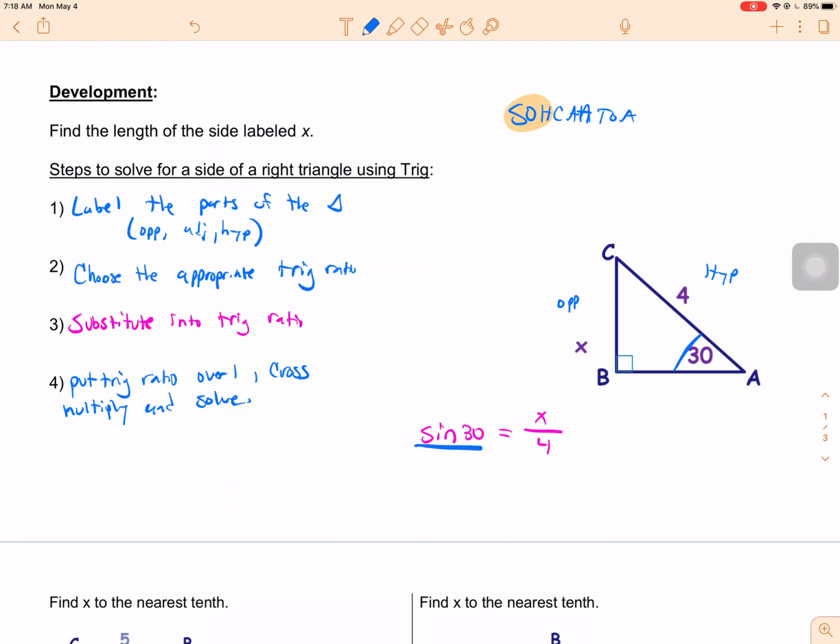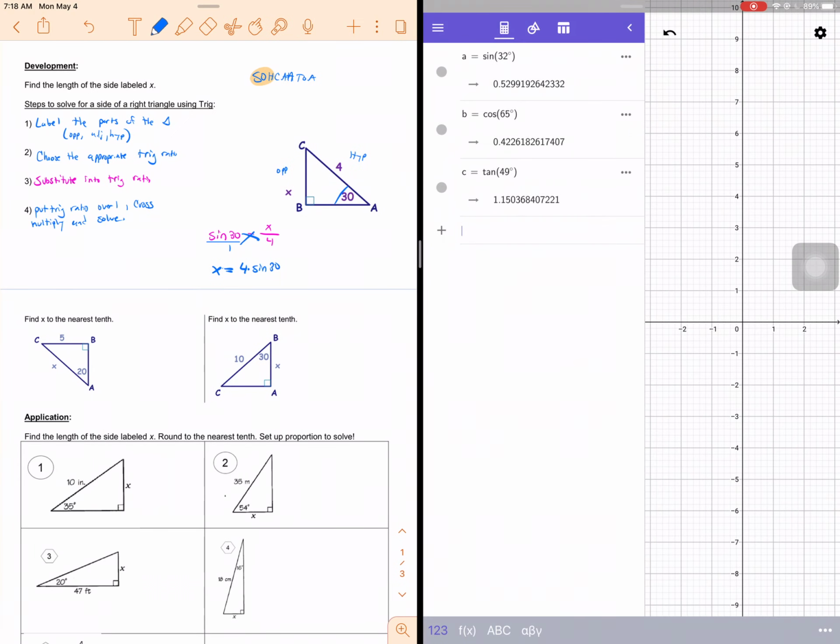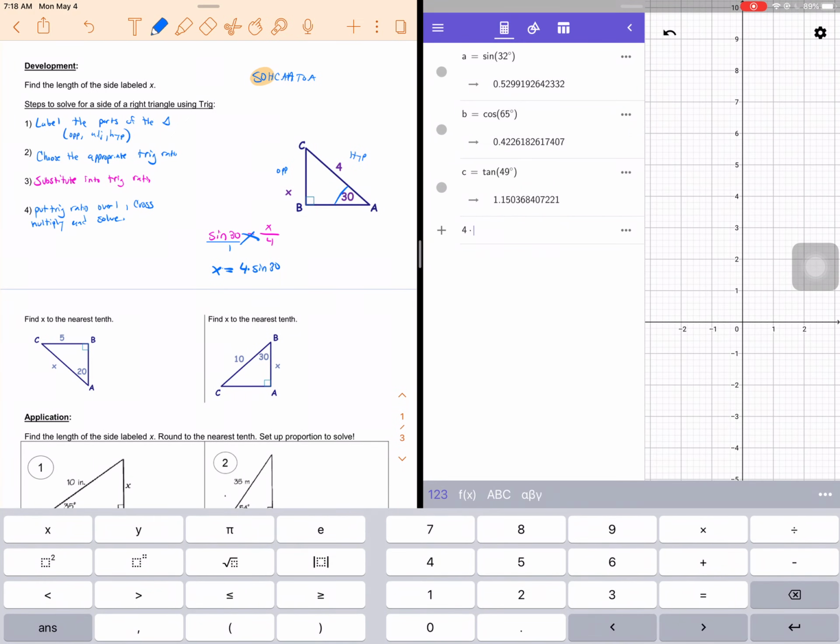So that means put sine 30 over 1, cross multiply, and you get x equals 4 sine 30, 4 times the sine of 30. So we take our calculator and type 4 times the sine of 30 degrees. And there you go, 2. We get x equals 2. So this side here, BC, is 2.